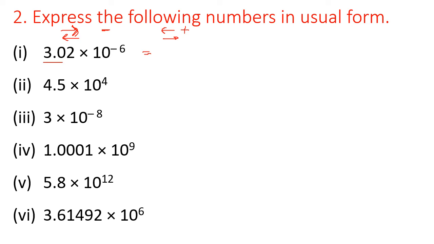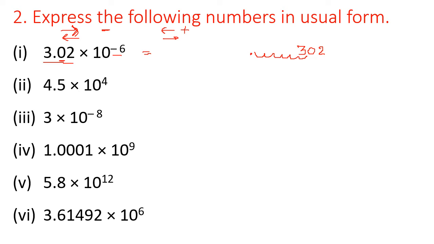Now since it is 3.02, I'll write it as 302. Why did I include the 0? Because it is between two non-zero digits. Now 10 raised to minus 6 means I have to move the decimal place 6 digits to the left. The decimal point was after 3 here. After 3, I have to move 6 places. So 1, 2, 3, 4, 5 and 6.